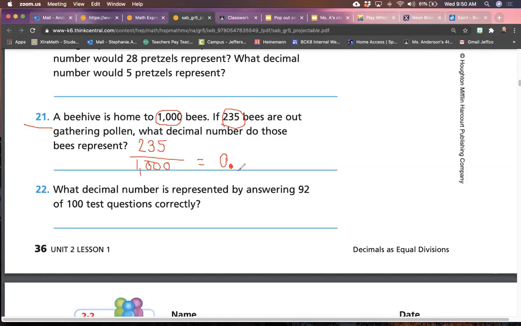So I have tenths, hundredths, thousandths. Could anyone tell me where my numbers need to go? The 2 has to go right next to the decimal, and then the 3 after, and then the 5 after the 3.